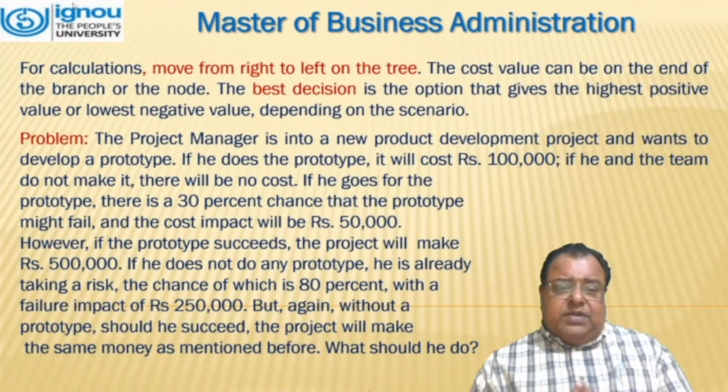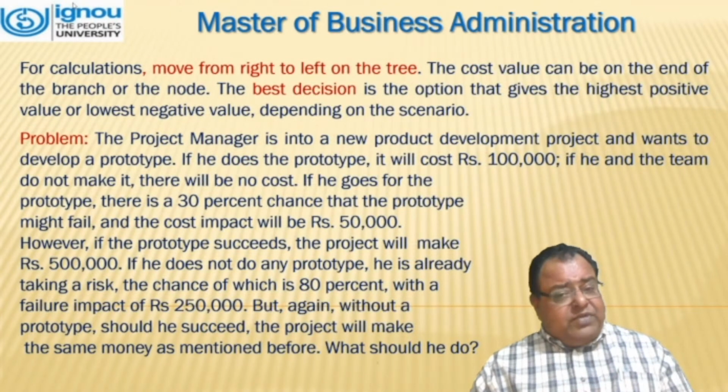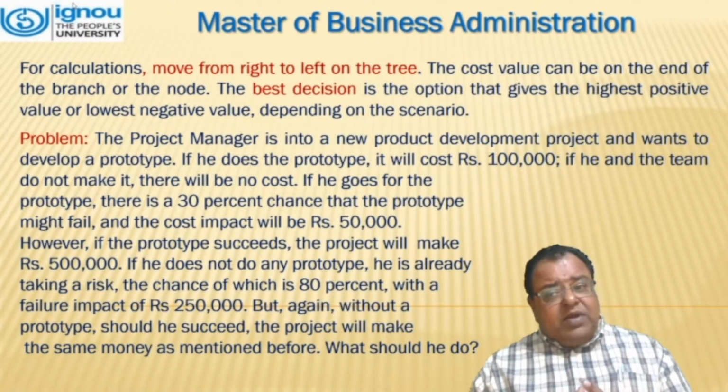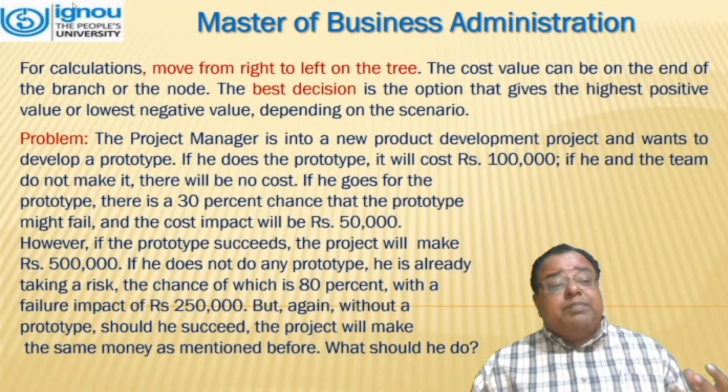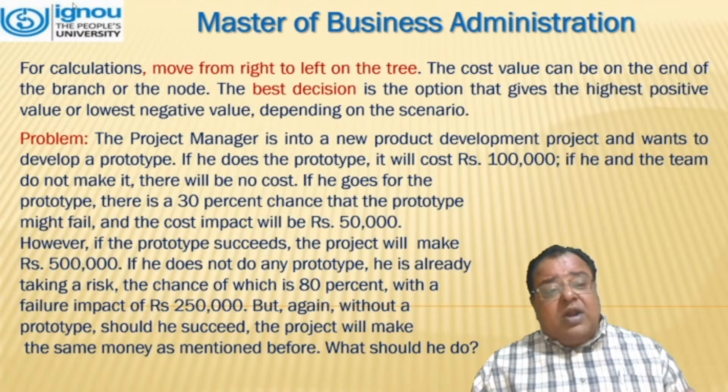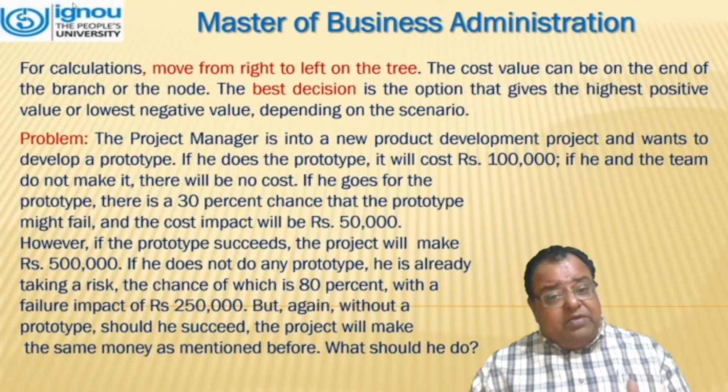For calculation purposes, we move from right to left of the tree. The cost value can be on the end of the branch of the node. The best decision is the option that gives the highest positive value or lowest negative value depending upon the scenario.